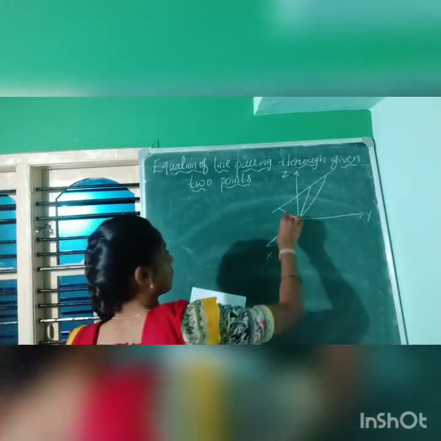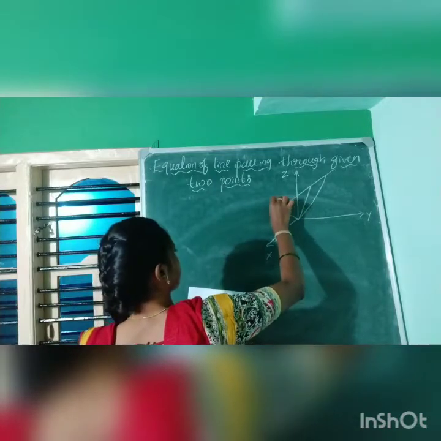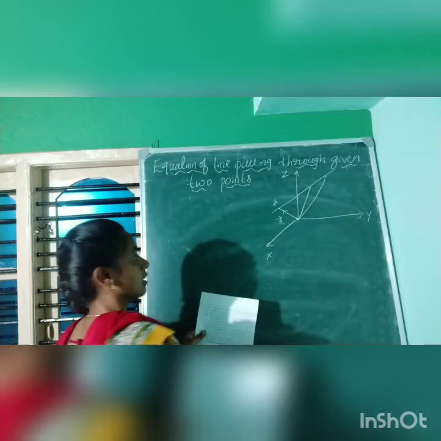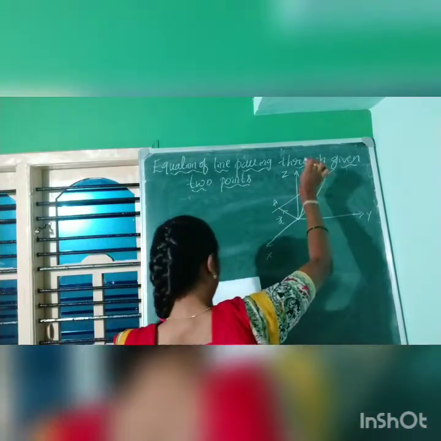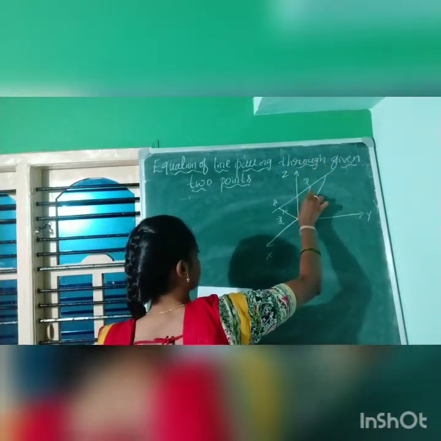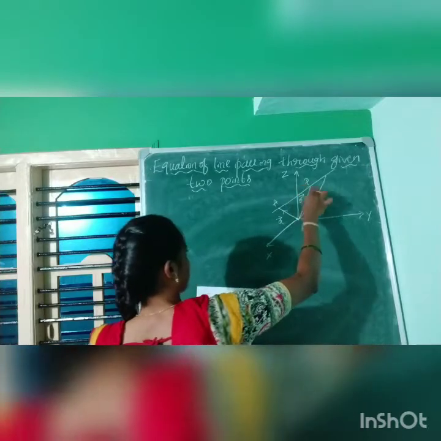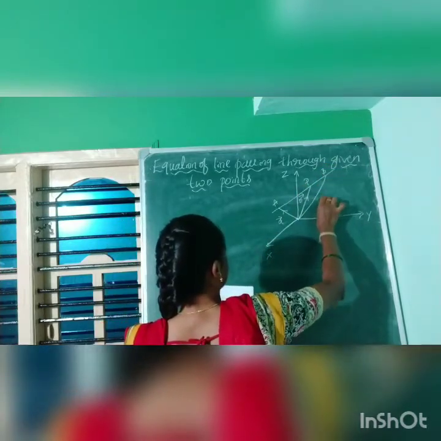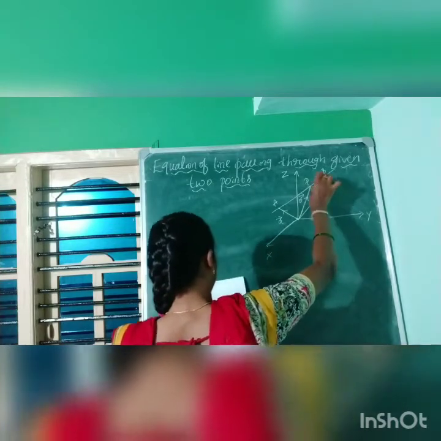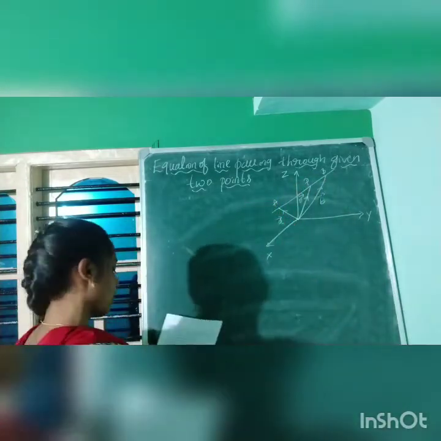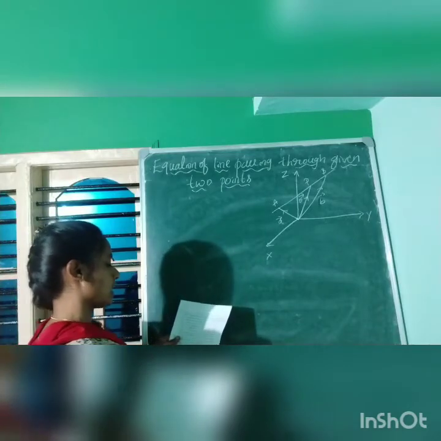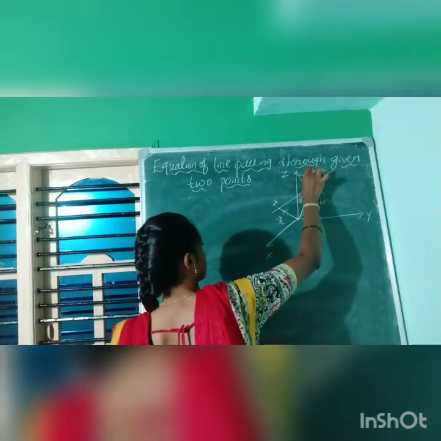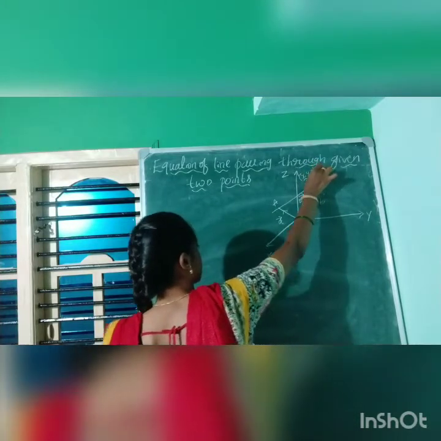So now for this point A, I consider the vector a, and for point P, which has position vector r, and point B has vector small letter b. Okay, now I take this point P with x, y and z.